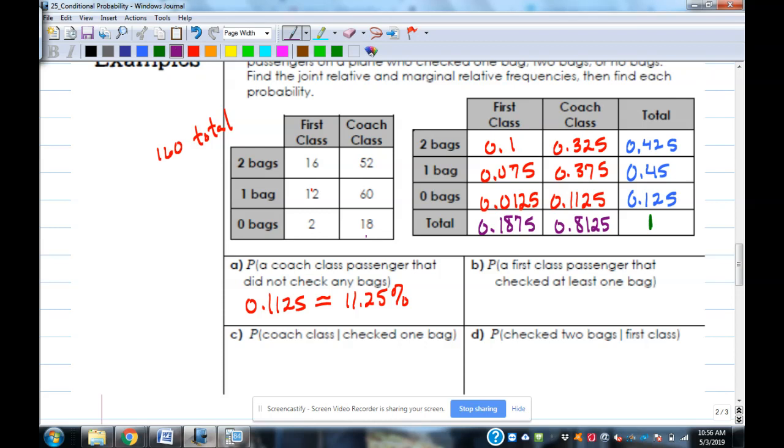So that would be this probability and that probability, right? So we're going to add those together. So 0.1 plus 0.075, 0.175, or 17.5% of the people do that.